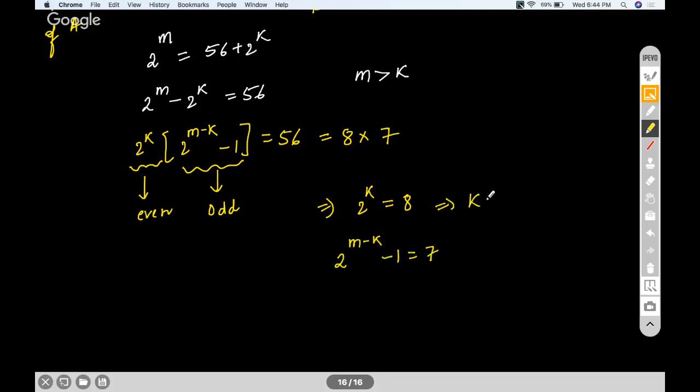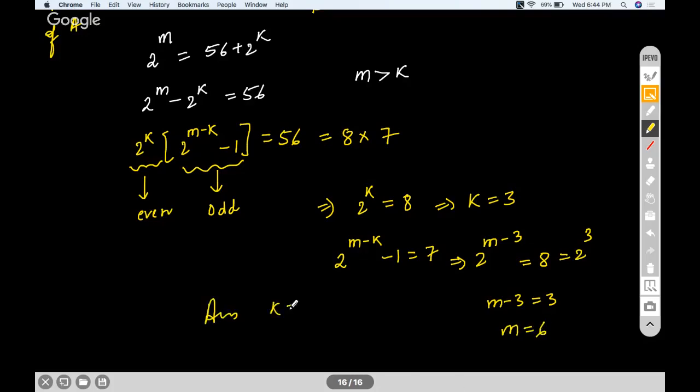Which means k is 3 and 2 to the power m minus 3 is equal to 8. So m minus 3 is also equal to 3 because this can be written as 2 to the power 3. So m is equal to 6. So the answer is k is 3 and m is 6.